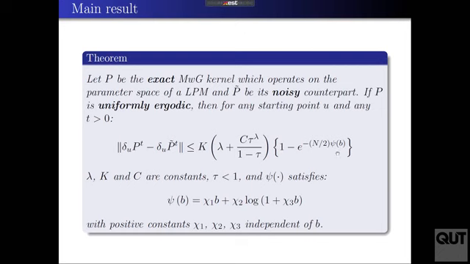This function psi is right here, and it involves several constants which I'm not writing explicitly, but these constants do not depend on B. So the main point here is that as B goes to 0, this thing in curly brackets also goes to 0. So we can arbitrarily regulate the bound on the error of the iterated kernel as B goes to 0.